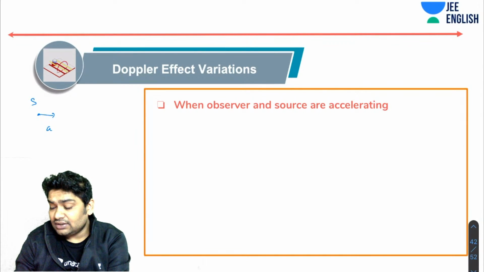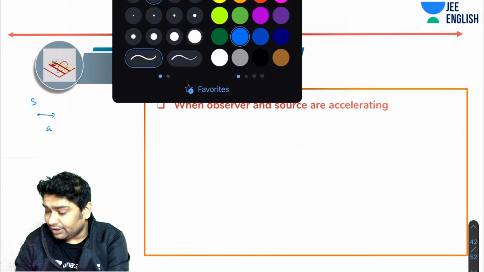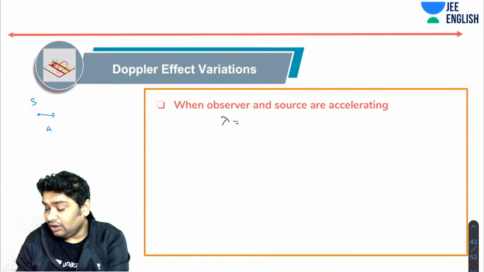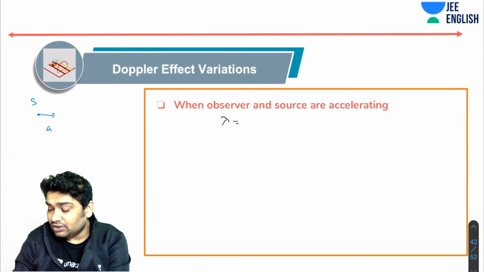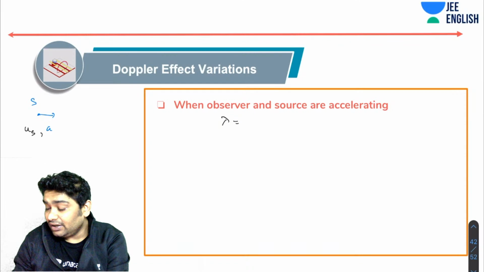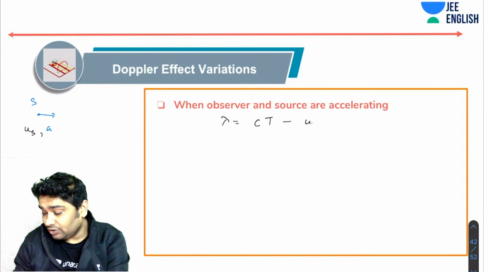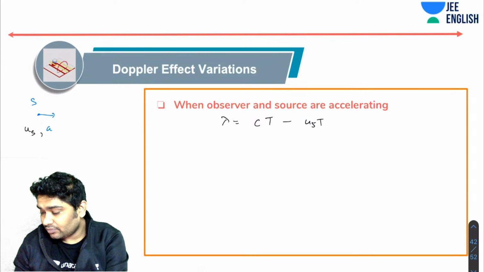Now you realize that the apparent lambda in such a case would be equal to, let's imagine the source starts with u_s and is accelerating with a, so lambda would be c minus u_s t minus half a t squared.